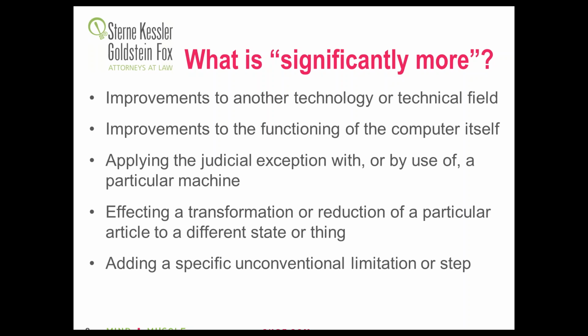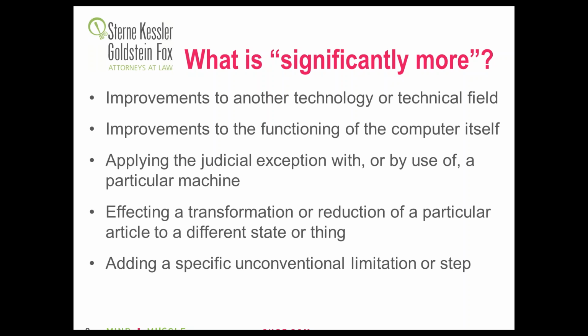I also wanted to highlight this last bullet here, applying a specific unconventional limitation or step. That's really kind of coming from an opposite treatment of the Mayo case. And the Supreme Court basically said that the Mayo patent was unlike a patent on a new drug or a new way of using an existing drug.